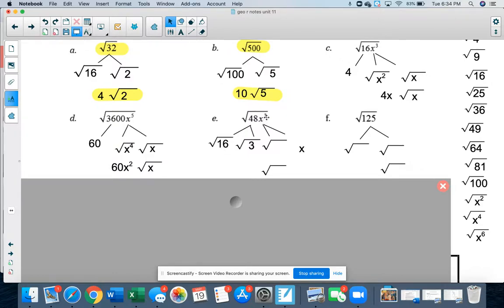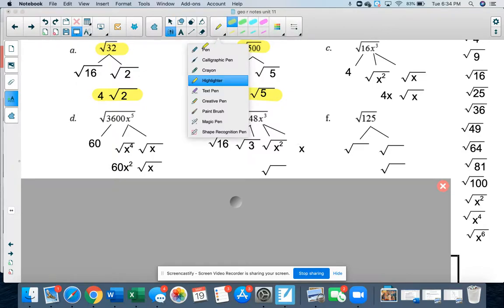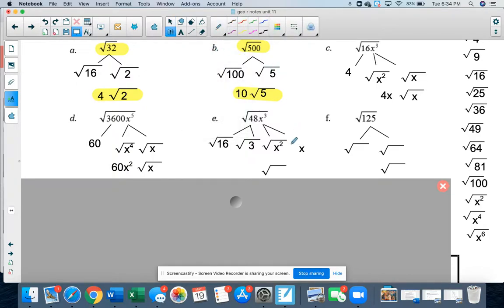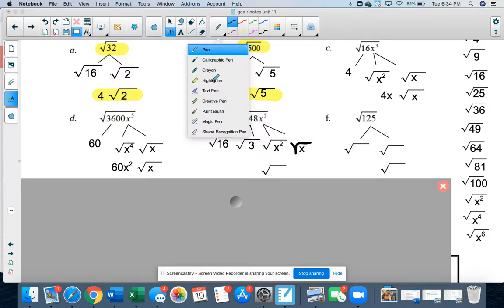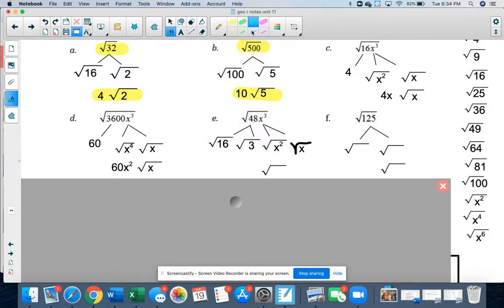And this x to the third, I break that down to x squared and x. And I lost my radical right here, so let me write in that radical for us. Okay, so this is a square root. And now each of these that are perfect squares are going to get simplified. So let me highlight them for us.